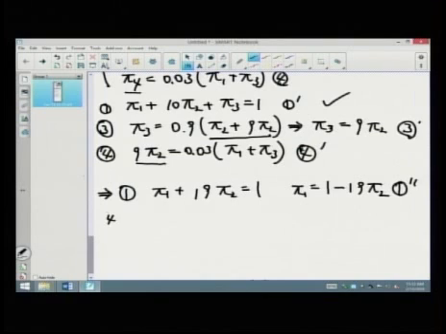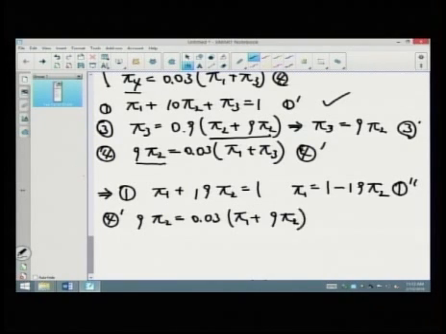And then what about 4 prime? 9 pi 2 equals 0.03 times pi 1 plus 9 pi 2, right? Okay.